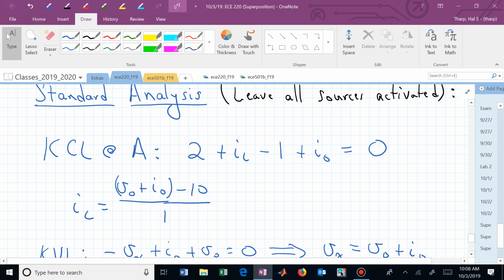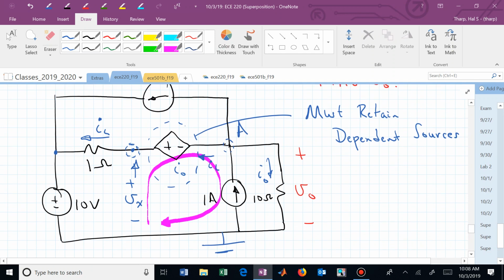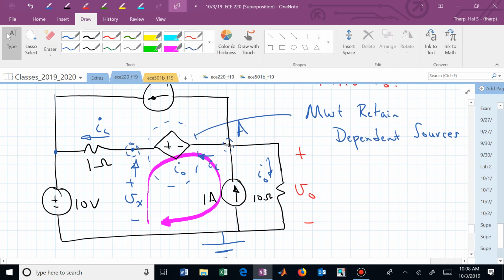Well, you haven't improved things much at all, but I have replaced I sub L with V sub 0, and V sub 0 I eventually want to find. What's I sub 0? That's Ohm's law, right? I sub 0 is V sub 0 over 10.